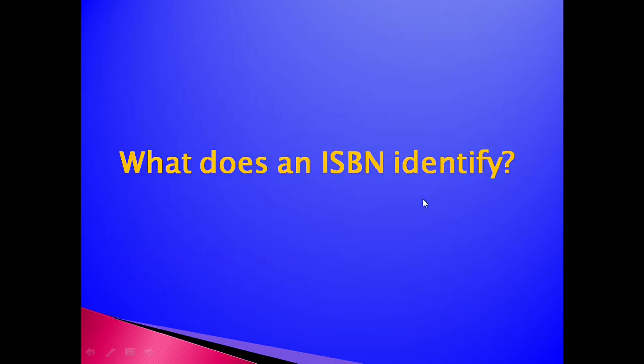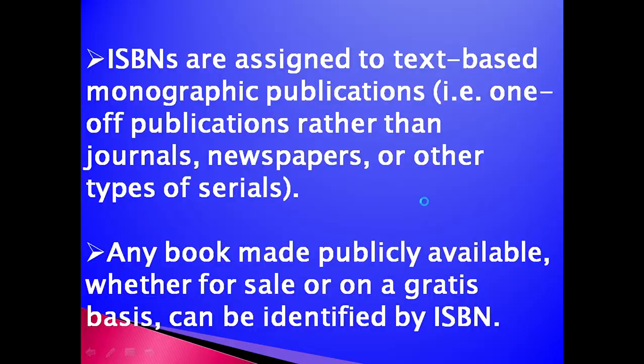Then, ma'am, how is an ISBN identified? How do we know that it is an ISBN product? It is assigned to monographic publications, that is, publications of journals, papers, series. You will have the code, and any book can be identified by ISBN.